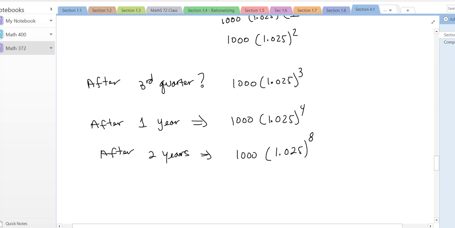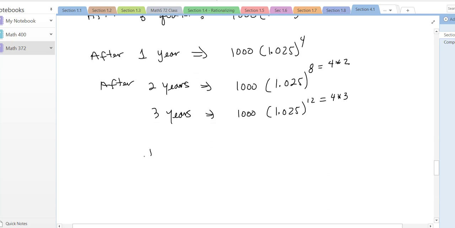And then after 3 years, to the 12th, and so on. So notice that 8 came from doing 4 times 2. After 3 years, this is going to be 1,000 times 1.025 to the 12th. 12 is 4 times 3. So 4 is because we're compounding quarterly, and the 3 is the number of years.